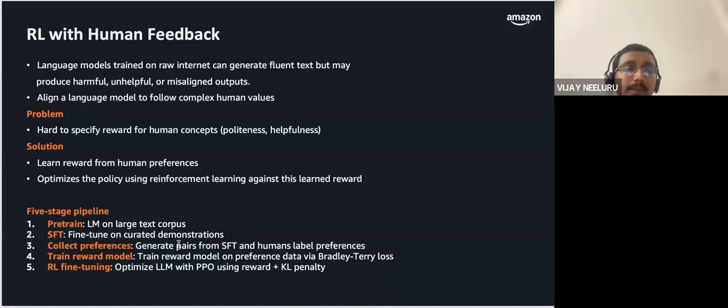Next, collect preferences: generate pairs from the supervised fine-tuned model and have humans label preferences. The fourth step is to train the reward model on the preference data via the Bradley-Terry loss. The fifth step is RL fine-tuning, which optimizes the LLM with PPO using the reward plus a KL penalty.